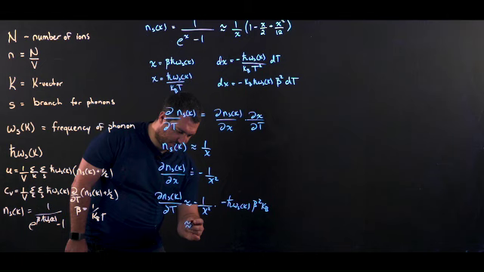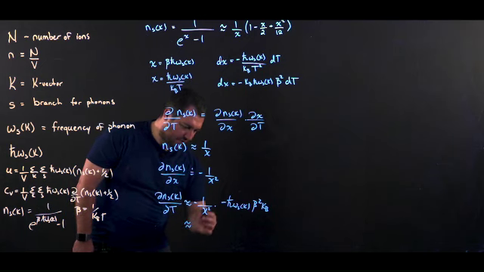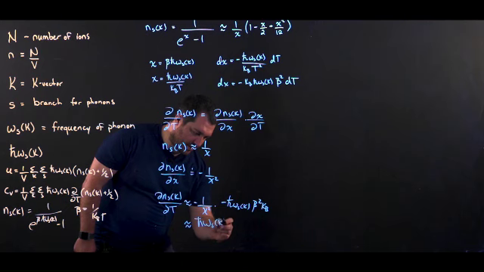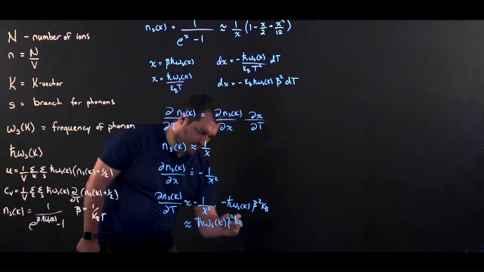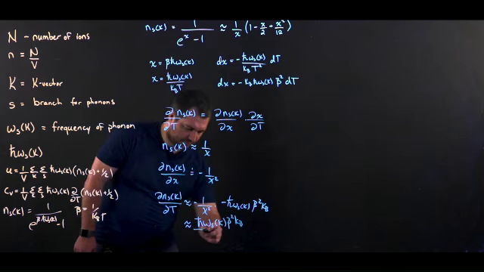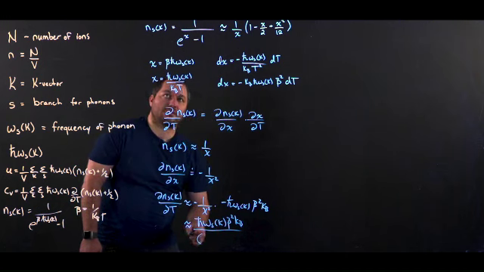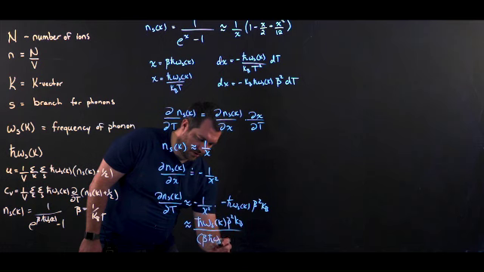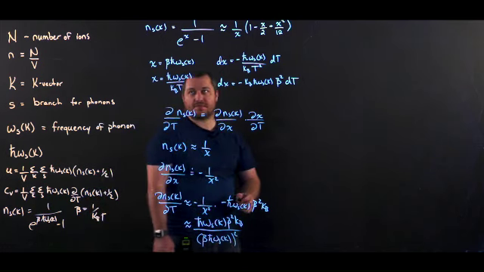So this is actually equal to, well, my negatives are already going to cancel. I've got in the top here h bar omega_s of k beta squared k_B, and on the bottom, which I have squared, is beta h bar omega_s of k, all squared.